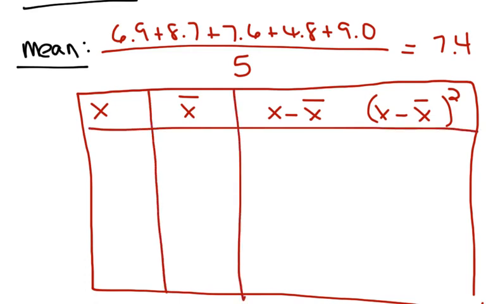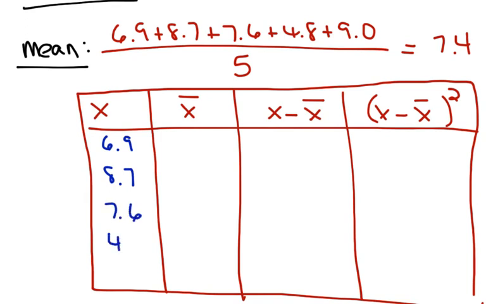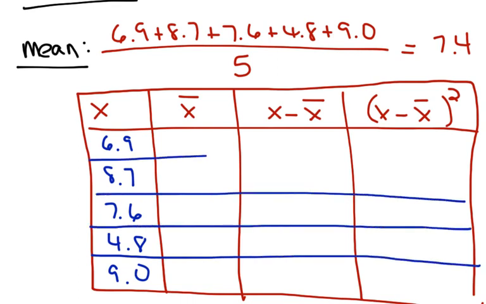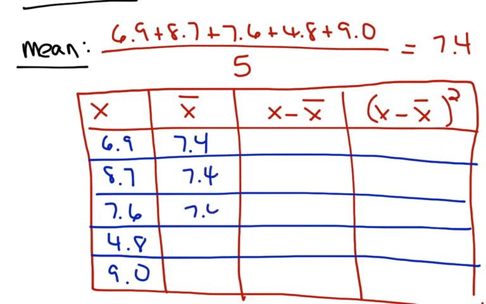Alright, so I need 6.9, 8.7, 7.6, 4.8, 9.0. Look at that, I gave myself the perfect amount of space. Okay, so now that I know what the mean is, x bar is the mean, so it gets written in every cell in this little chart.